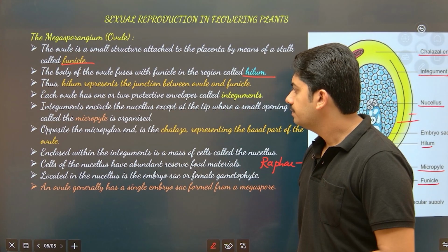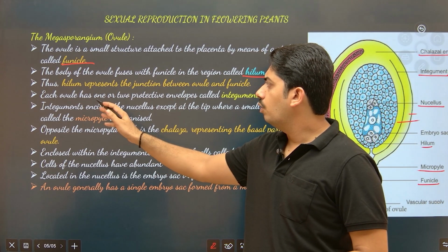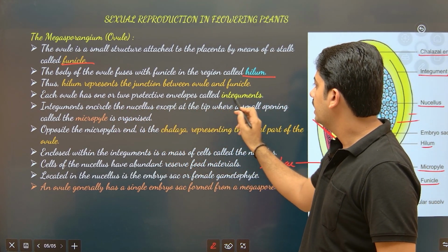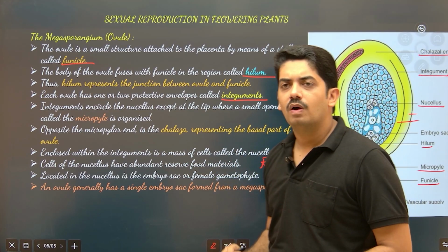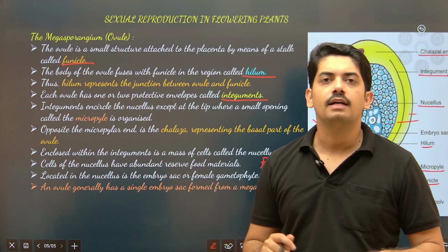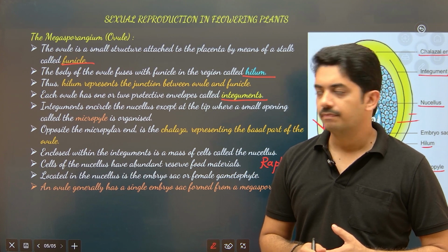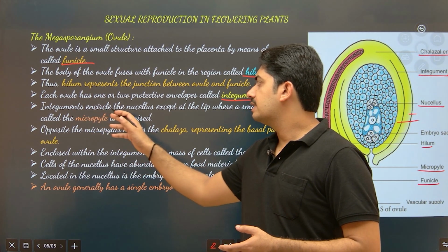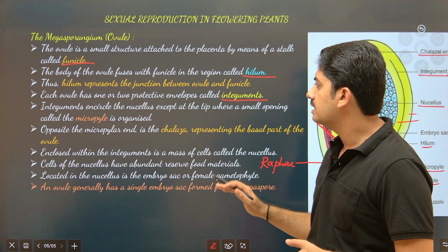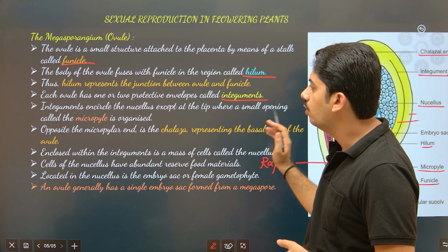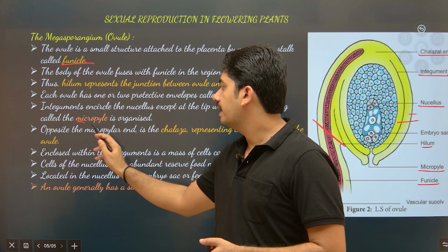Now each ovule has one or two protective envelopes called integuments. Do you know what happens to these integuments after fertilization? They become seed coats. So integuments encircle the nucellus except at the tip, where there is a small opening called the micropylar region.